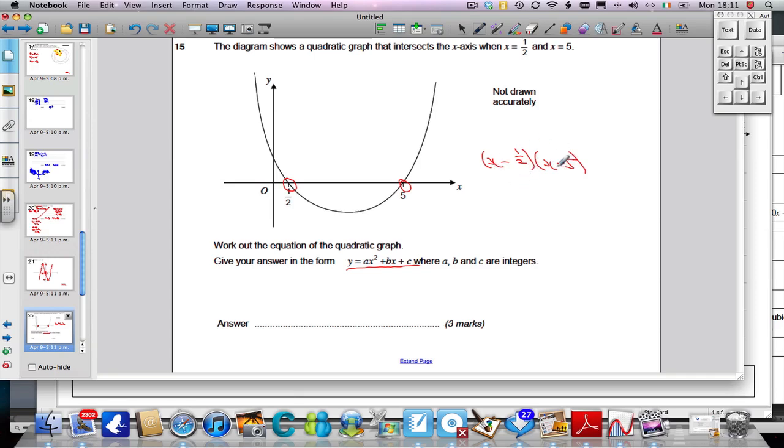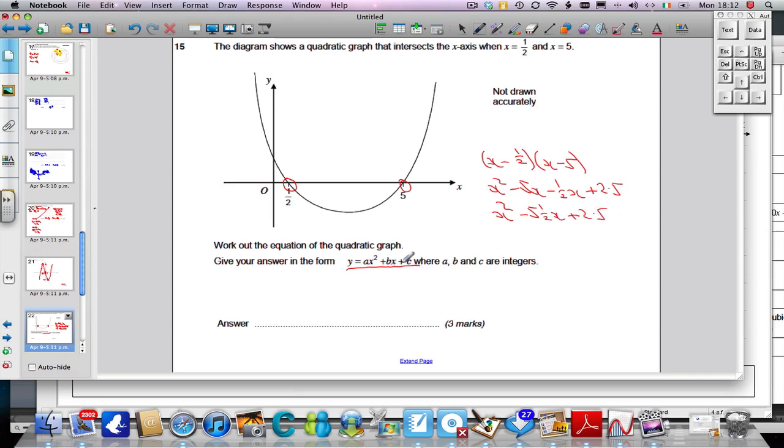So x times x is x squared, x times minus 5 is minus 5x, minus a half times x is minus a half x, and minus a half times minus 5 is plus 2.5. Tidying that up, we get x squared minus 5.5x plus 2.5.